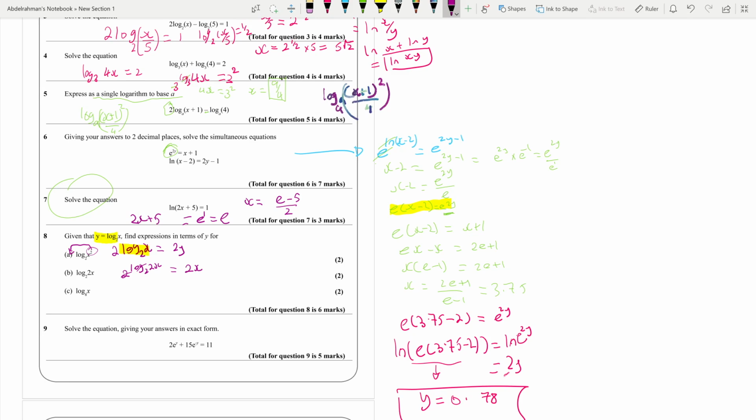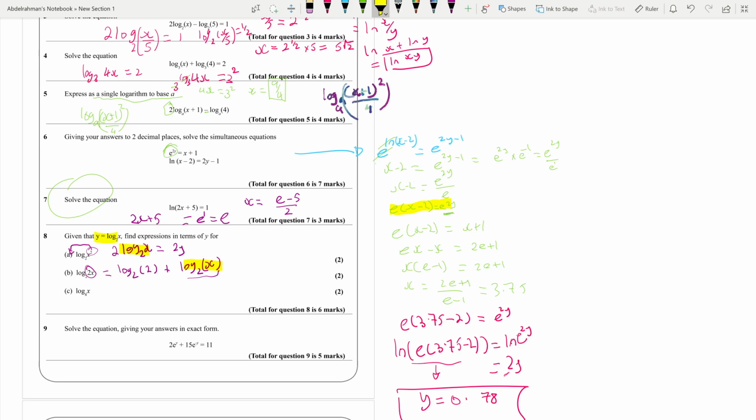Okay. Oh, sorry. We do another one. So we know that if we have multiplication here, that means that it is equal to log 2 plus log to the base of 2x. Okay, that means this part is y, right?